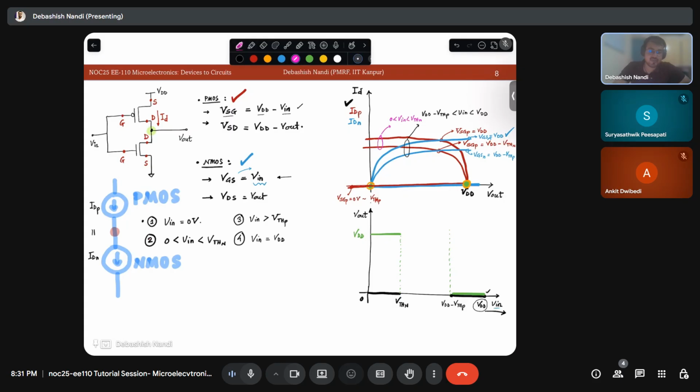Right? The conditions are different. Yes, sir. Now for the intermediate section, you can see that you can draw your lines like this for different bias conditions, right?